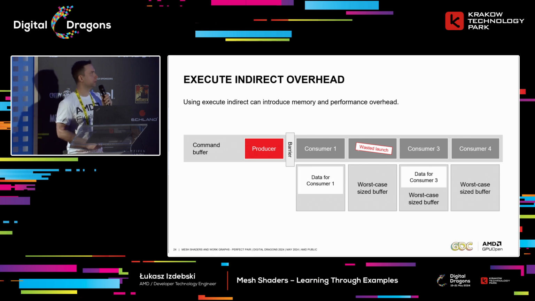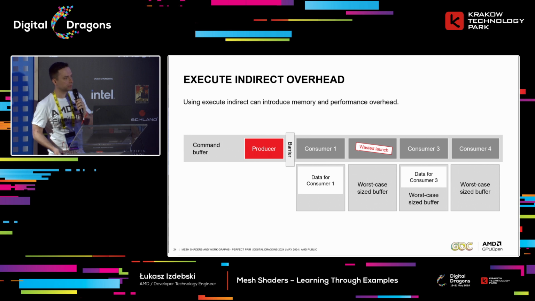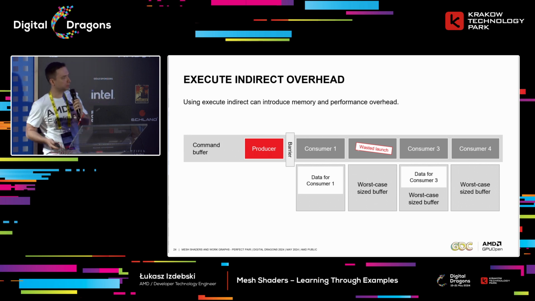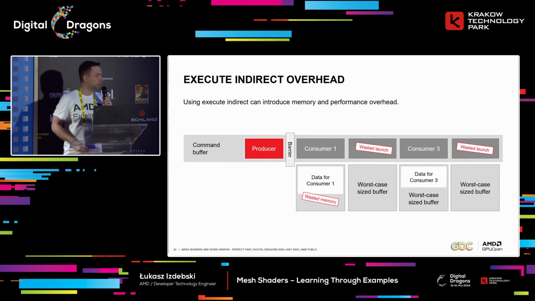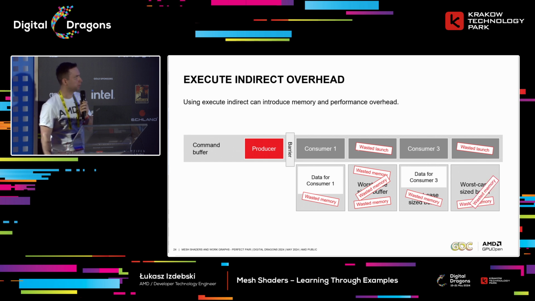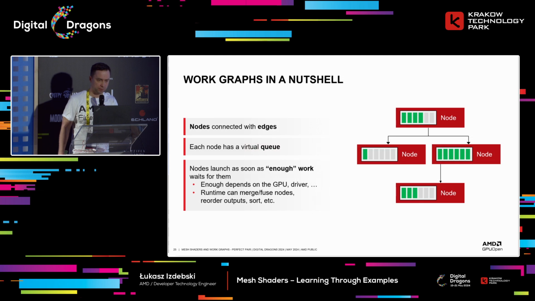For example, if you classify and look for circles, and no circle is present in the scene, you can introduce performance overhead because of wasted lanes. Worse, you can even introduce memory overhead, because every consumer needs to be prepared for the worst-case scenario for all the supported types that you classify. So you can introduce a lot of wasted memory when implementing this with execute indirect.